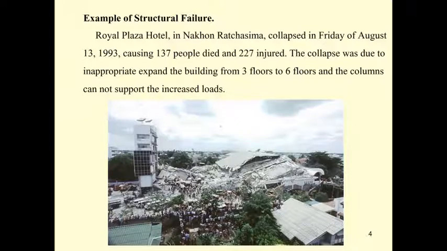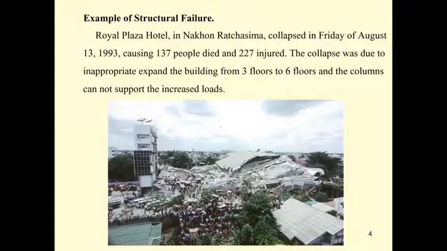And then one day there were people gathered in the ballroom of the hotel, and the load was too much and it caused the column to fail. When the column failed, the whole building collapsed and caused 137 people to die and 224 people to be injured.